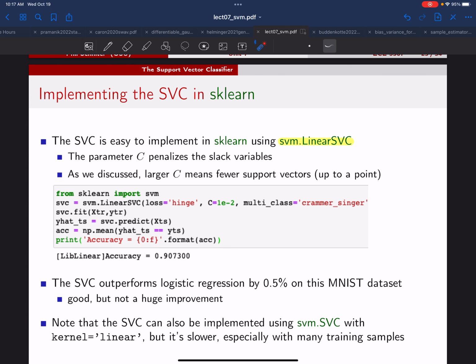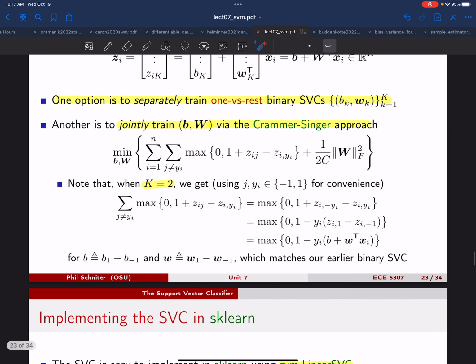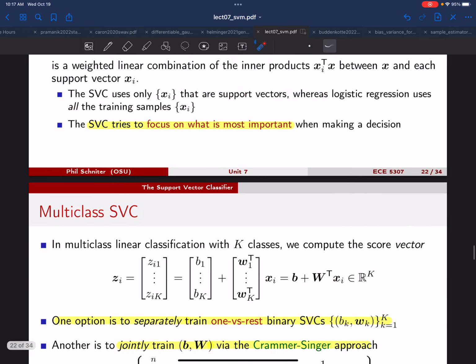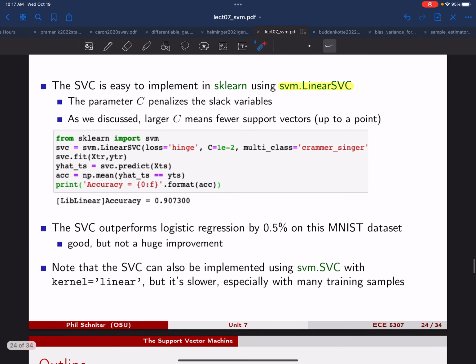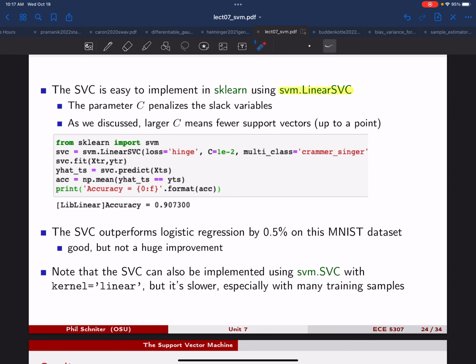And remember that in this method, we always have this C variable that we have to tune or choose. And what we know about C is that as C gets larger, we expect fewer support vectors, although there may be a point at which increasing C beyond that point does not reduce the support vectors because you've gotten to the minimum number of support vectors.